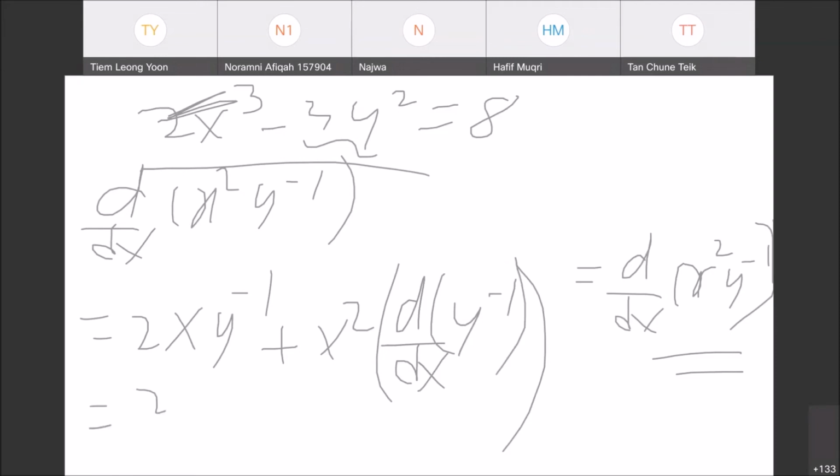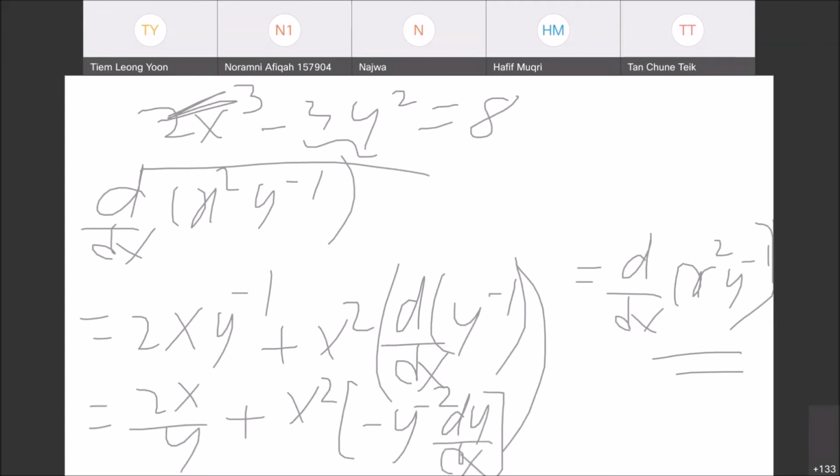So this would be 2x over y plus x squared. Then what is d/dx of y to the minus 1? d/dx of y raised to the power minus 1 would be minus y to the minus 2 dy/dx. Now I almost got my thing done.